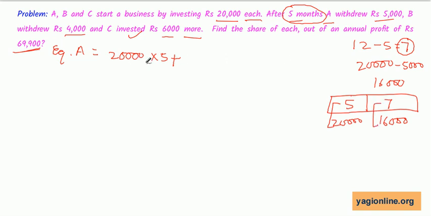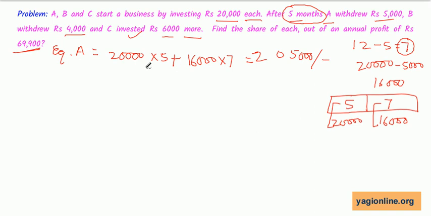So that's what we are doing here. 20,000 into 5 plus 16,000 into 7, and this comes out to be 2 lakh 5,000.